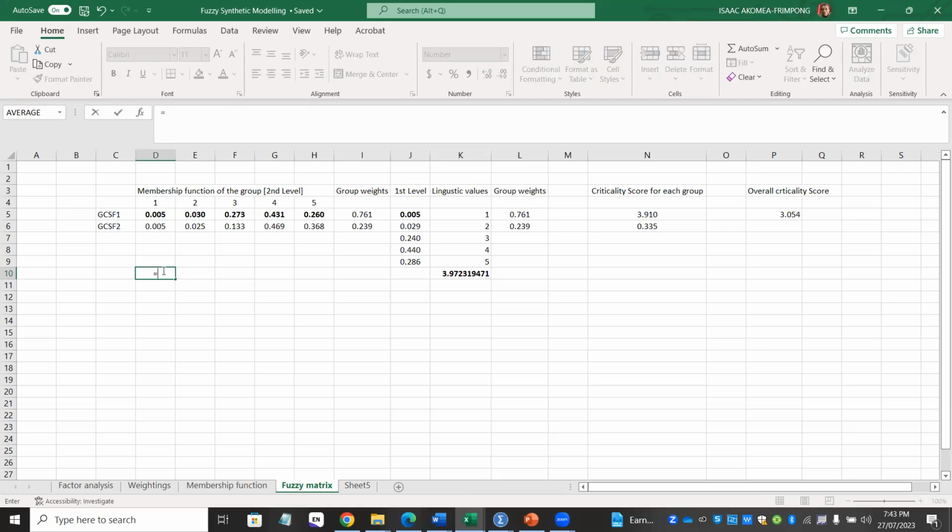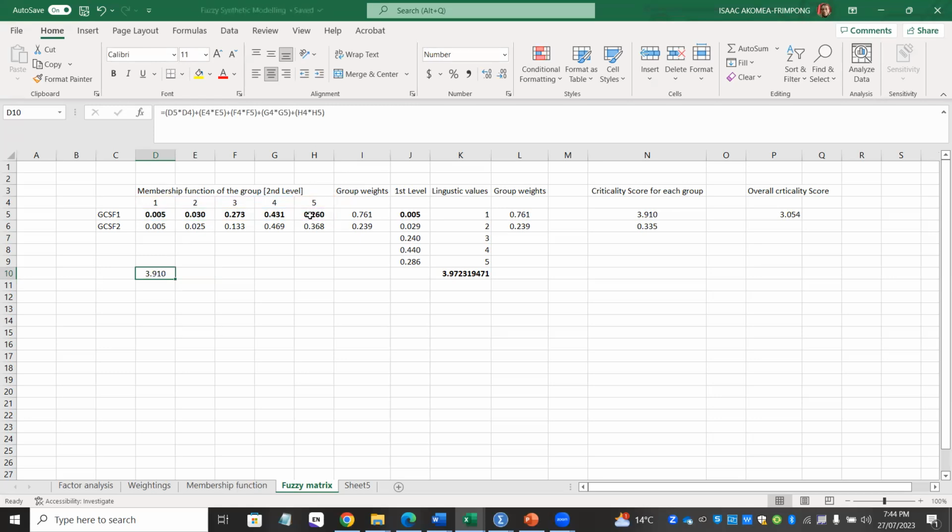I pick this by 1, which is the alternative grade that we have set, plus this by this, and so on.